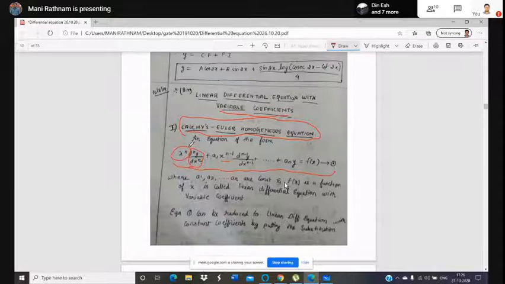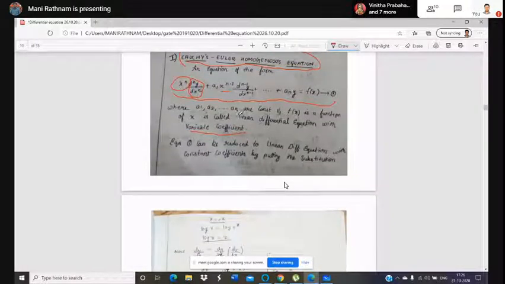See that here d power n y by dx power n has x power n, d power n minus 1 y by dx power n minus 1 has x power n minus 1, plus etc., plus a n of y equal to f of x. Here a1, a2 are all constants, x is called the variable coefficient. We cannot evaluate this directly.